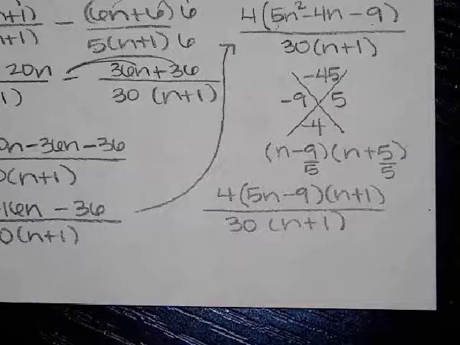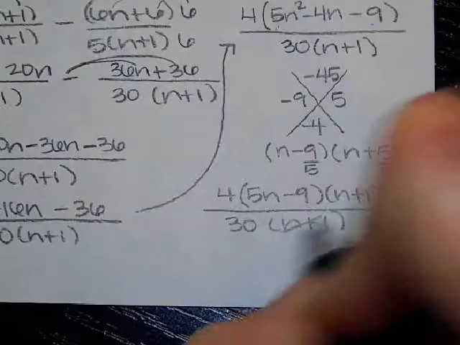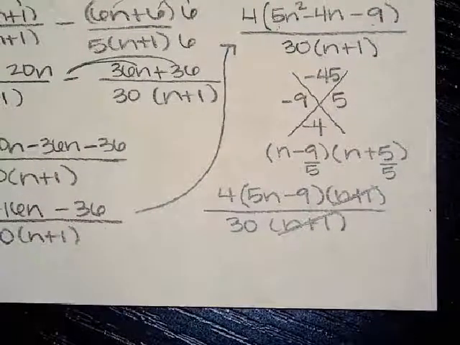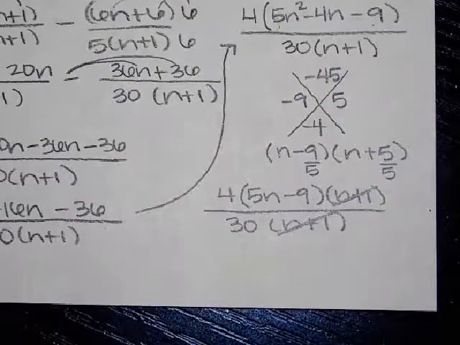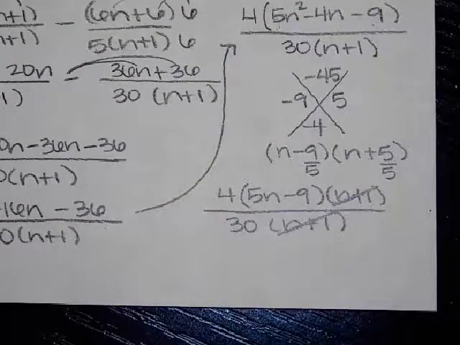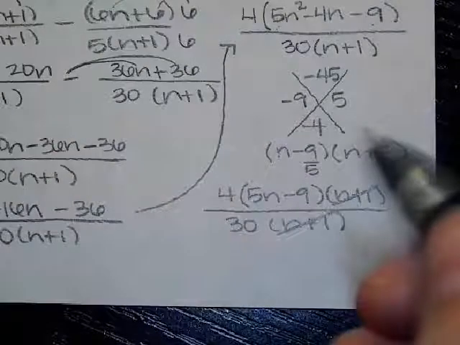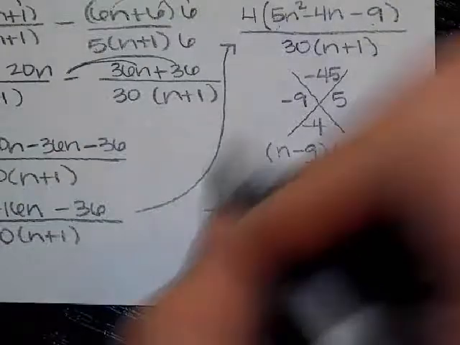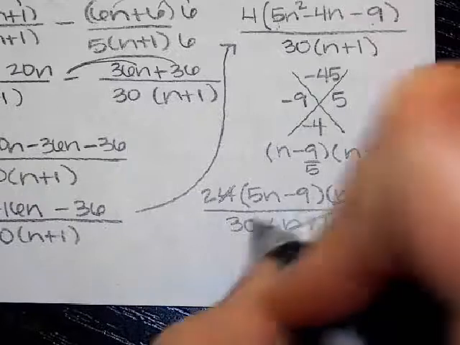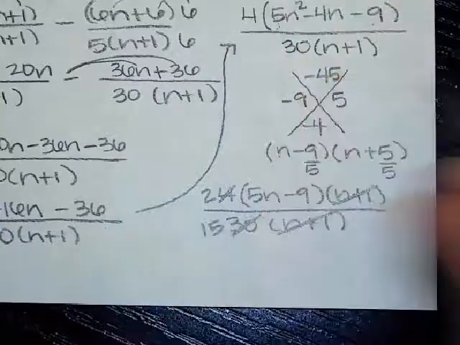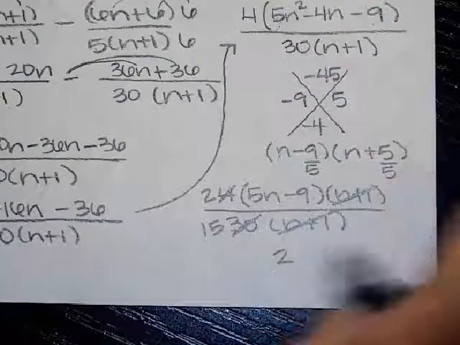The 4 and the 30, what can they reduce by? 2. So 4 divided by 2 is 2, and 30 divided by 2 is 15, so our final answer is 2 times 5n minus 9 over 15.